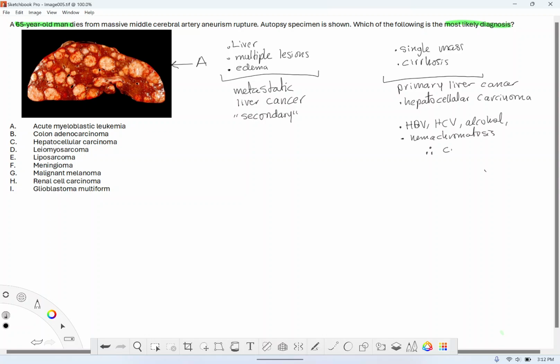So the main issue is cirrhosis. Okay, and the cause of secondary liver cancer, number one, will be those cancers that are GI cancers, because the liver is part of the digestive system. It's in the abdominal cavity. So cancers of the abdominal organs are more likely to travel to the liver first. Number one will be colorectal cancer.